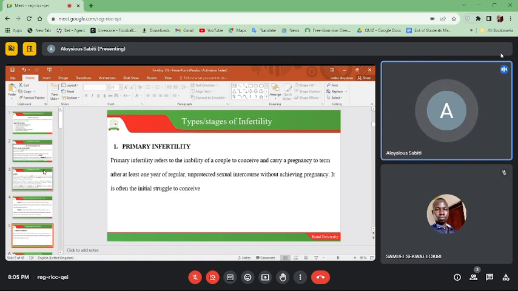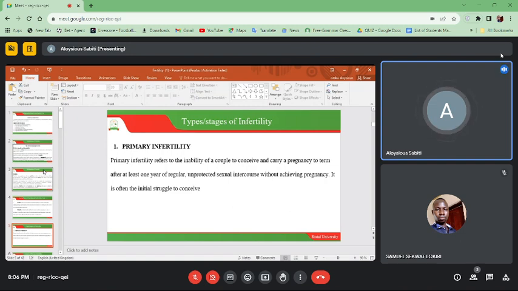So that takes us to the different types or stages of infertility. And the first type we want to look at is what we call primary infertility, which is the inability of a couple to conceive and carry a pregnancy to term.